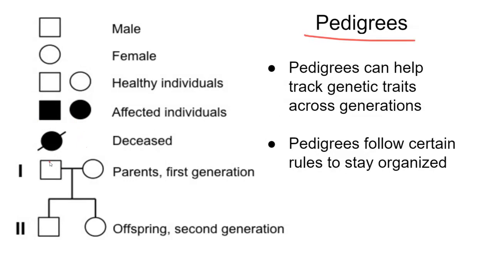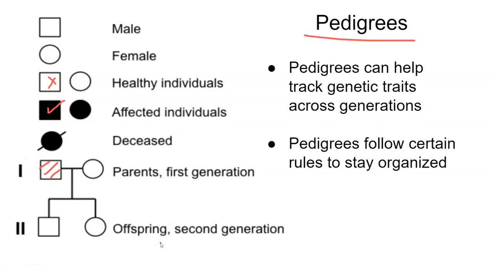Sometimes you can see heterozygous expressed as stripes, but not always. Usually we see it as affected or unaffected. So we're tracking one specific trait. When parents have offspring, we just draw lines to the offspring and we label it by generation.